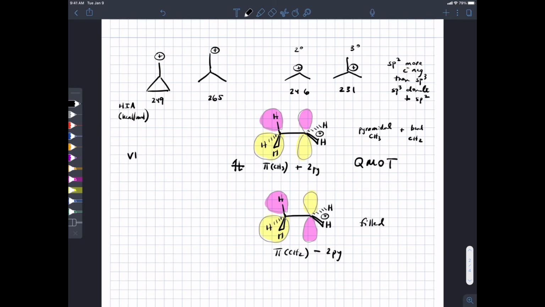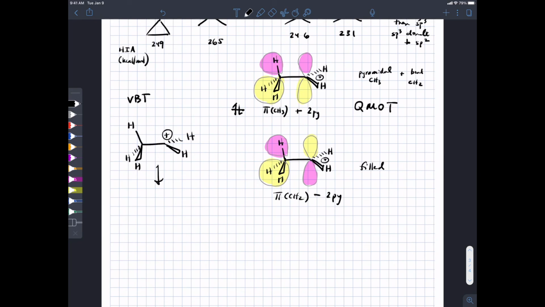The valence bond theory approach invokes something called hyperconjugation, which you may have heard about before. Hyperconjugation technically is related to the following no-bond resonance structure, in which we simply shift the sigma bond down to make a pi bond, and then the proton hangs out by itself up there.